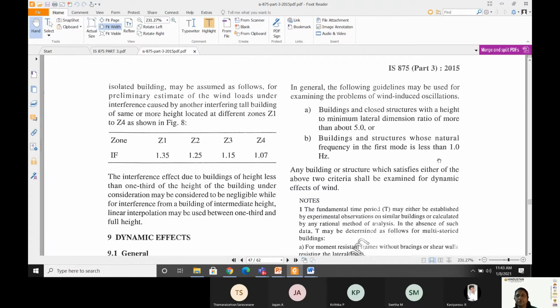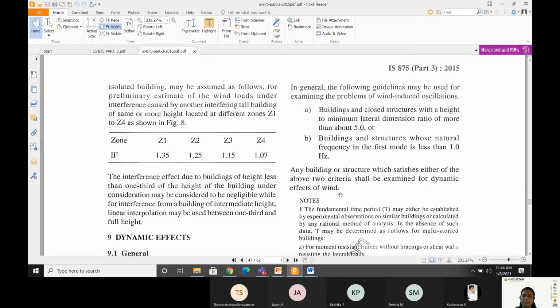In the first mode of vibration, the natural frequency depends upon the stiffness and mass of the building. If it is less than 1 Hertz, then you again have to do a dynamic analysis. Any building or structure which satisfies either of the above two criteria shall be examined for dynamic effects of wind.